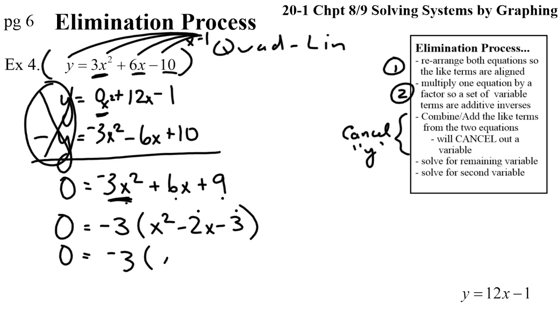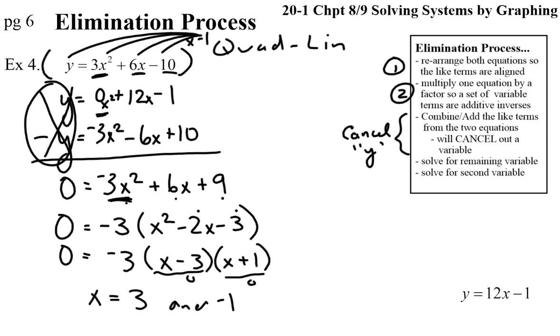Well, that will be a -3 and a +1. (x minus 3)(x plus 1), which means, what are the x values? Well, if that's 0, that's because x is 3. And if this was 0, that's because x was -1. So our possibilities are 3 or -1 for x.